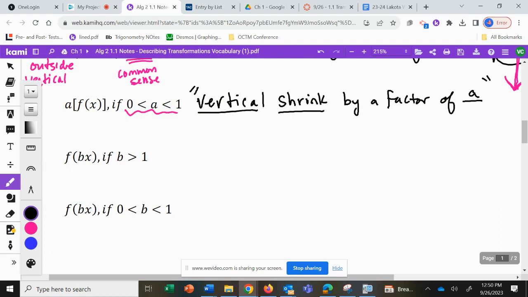And then finally, we've got inside. We've got a B value on the inside. That's horizontal. And remember, it's going to be opposite of what we would think. It's going to be opposite of common sense.